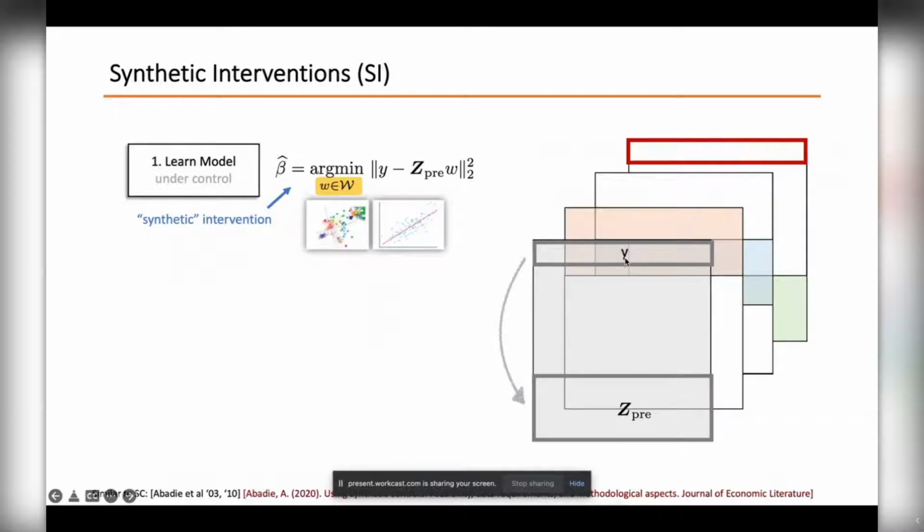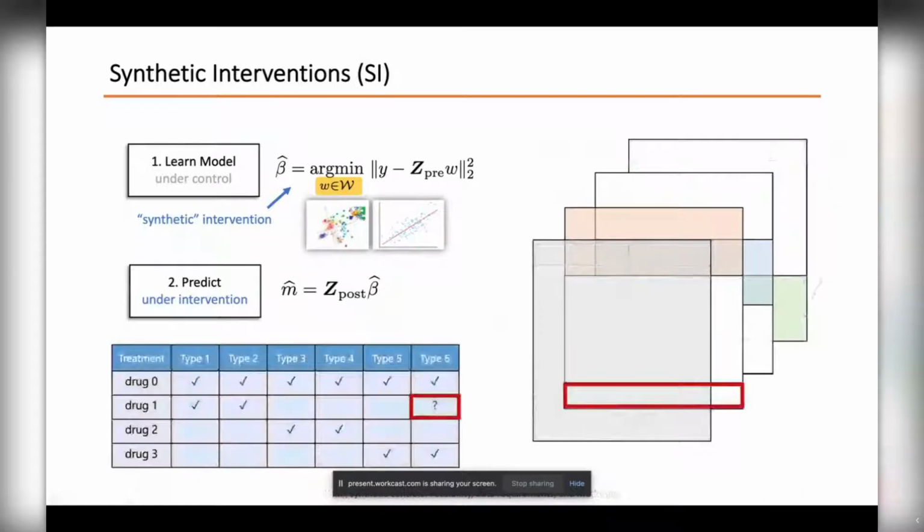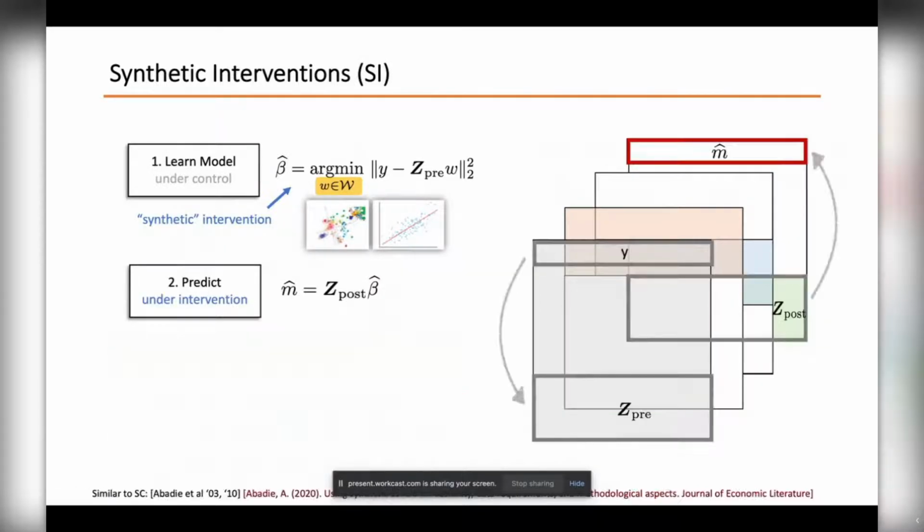Putting it the other way, if it's rank 1, I'm trying to find a multiplier that says, take any of the rows here, multiply it, and represent it, and you will get this row. Take the exact same multiplier that you learned in this gray matrix and apply it to this green matrix, and then you will produce this answer. Formally, it would look something like this. You're just learning an appropriate linear model, and then you are doing linear prediction.